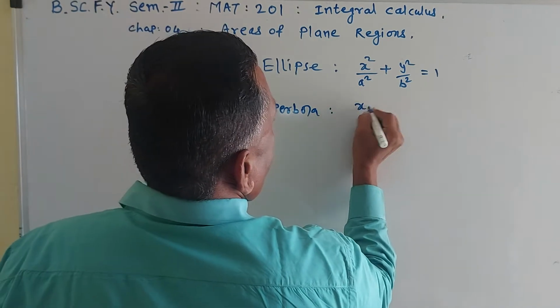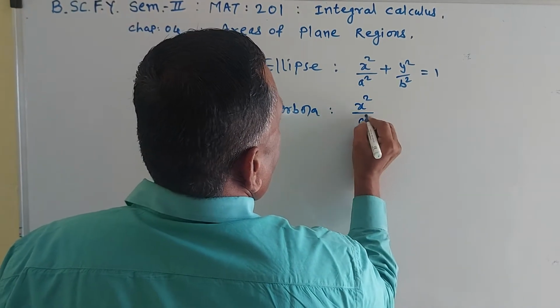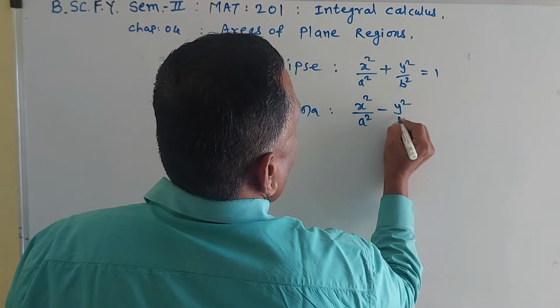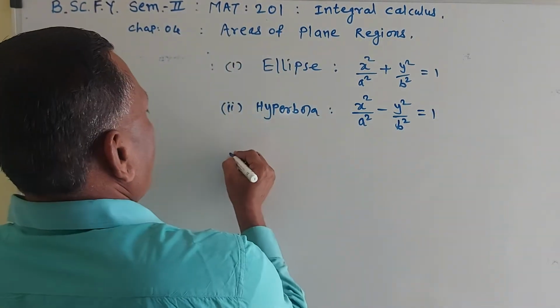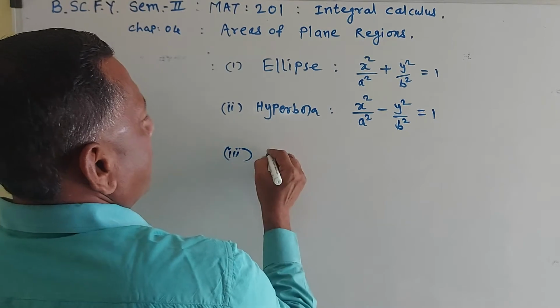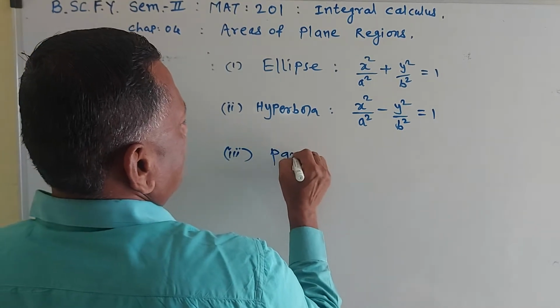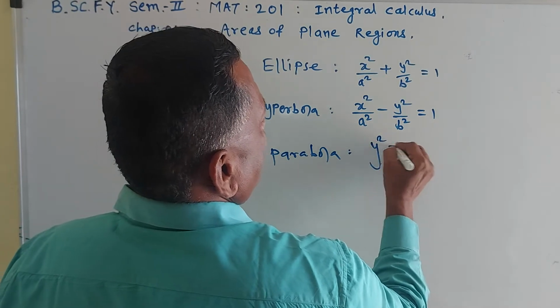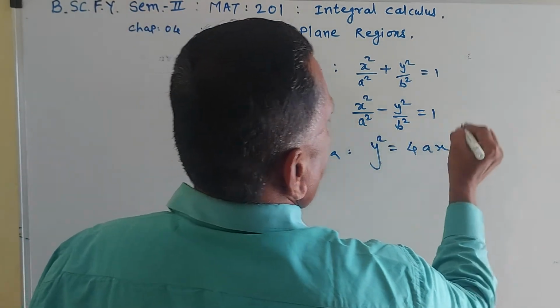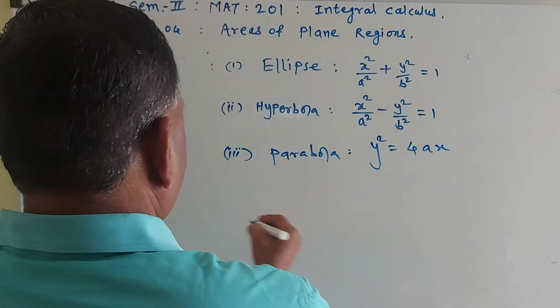The standard equation of hyperbola is x square upon a square minus y square upon b square is equal to 1. And the standard equation of parabola is y square is equal to 4a into x.